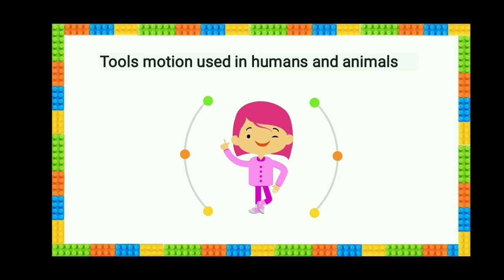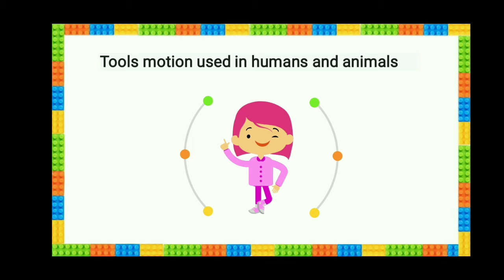Muscles are called an active motion device because muscles have a chemical compound that makes them able to move. When the muscle attached to the bone contracts, it will make the bone move.